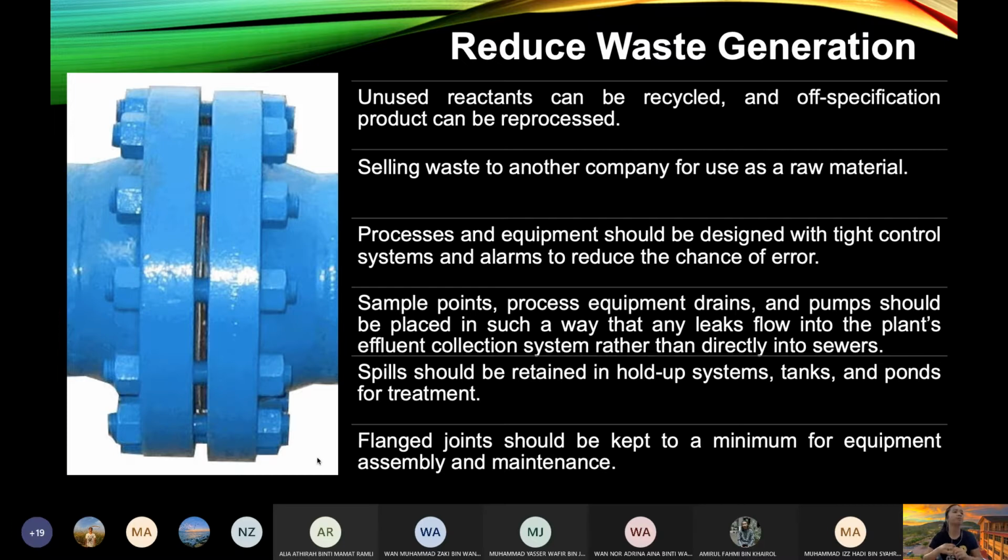Right. Next one. That's why you see that all of the equipment in the chemical plant, we have tight control system and alarms. So to make sure that the process always adheres to the operating condition that is required, so that you won't have overpressure lah, kamu takkan ada leaking problem lah. So they will have all this control system to ensure this won't be a problem.